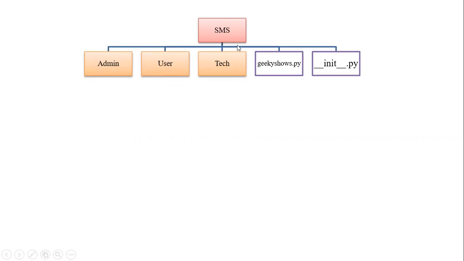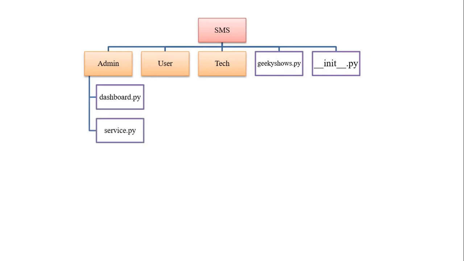And it contains two Python files also, right? Where admin contains some files, dashboard, services, products, or it can be anything. It can be made by yourself. Whatever is required, you can create on your own, right?